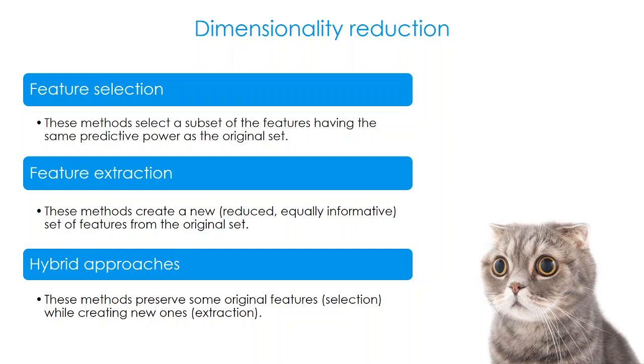In the case of feature extraction, we want to describe the problem well with fewer dimensions. However, in order to do so, we are going to build new features from the original ones. So this is the main difference between feature selection and feature extraction. And in the case of the hybrid approaches, we can combine the original features with other features which are created during the feature extraction process.